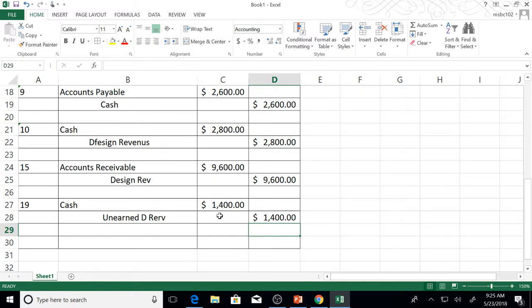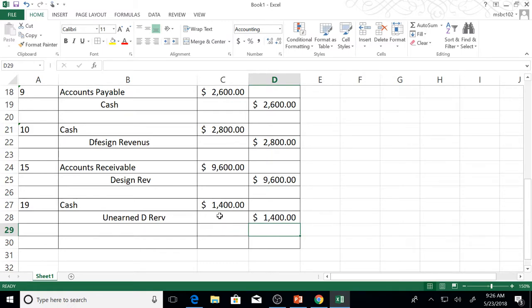Is it assets, liabilities, owner's equity, revenue, or expense? Unearned revenue. I think it's a liability, right? Because it's unearned, you didn't earn it yet, so it's a liability. Correct. It's a liability. So when a liability increases, it's credited. So unearned for how much? 1,400, and the cash increased by 1,400.